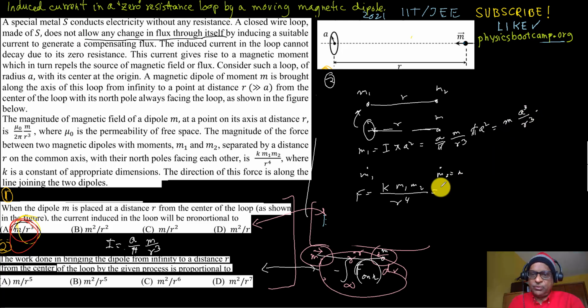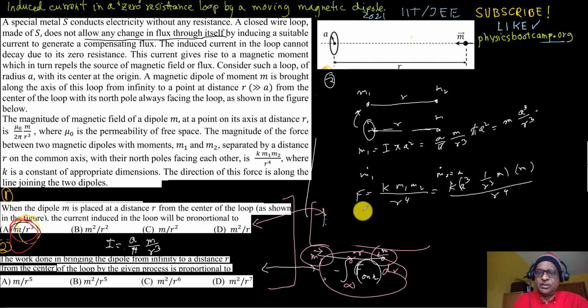So using k, you have a cube over r cube, times m, and then you have another m, and r to the power 4. So this whole thing is k a cube m square over r to the power 7. And this is important.